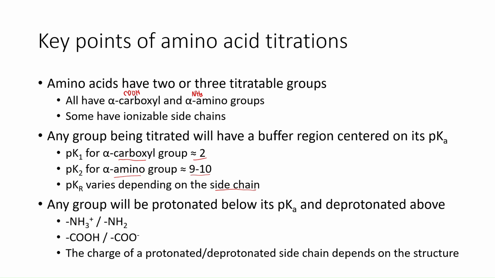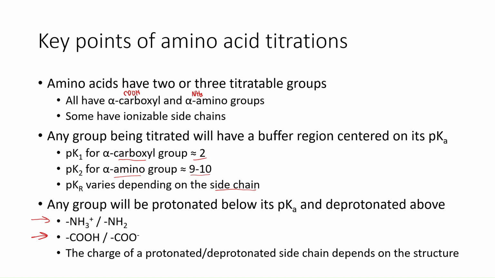As the pH rises, you have fewer protons floating around, so we start deprotonating once we're above that pKa. For the amino group, that means it alternates between a positively charged NH3 plus and a neutral NH2. For our carboxyl group, we vary between being protonated, COOH, and deprotonated, COO minus.